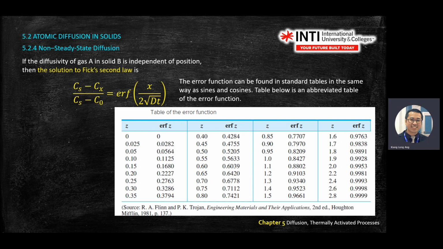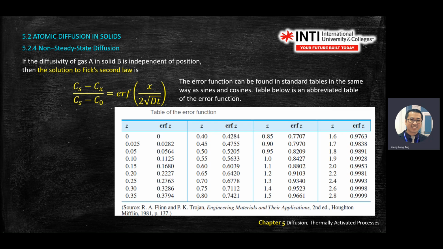So there are steps to solve this kind of problem. There are two ways we ask you. Either we give you the Z, or we give you a condition of ERF Z. Then you find your Z. You need to do interpolation. You need to recall how to do interpolation.